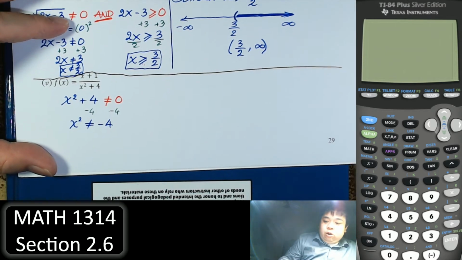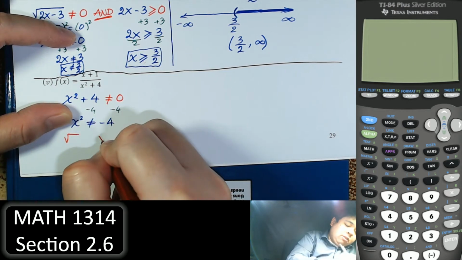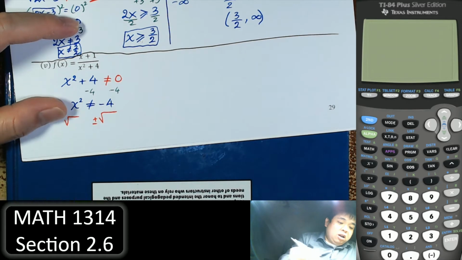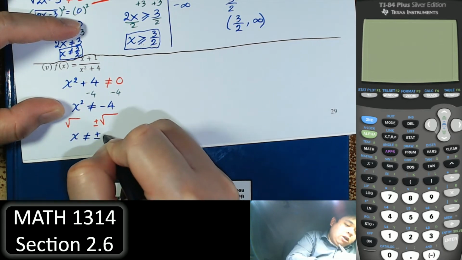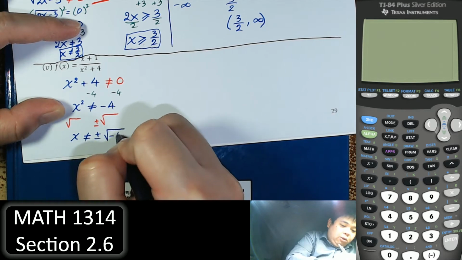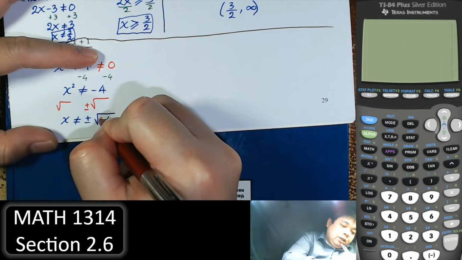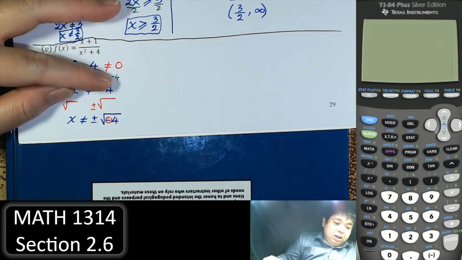And to get back to x, we'll take the square root on both sides. Remember, when we do that, we're going to put plus or minus. So with that, we have x not equal to plus or minus square root of negative 4. Now, the negative inside the square root, so that is imaginary.